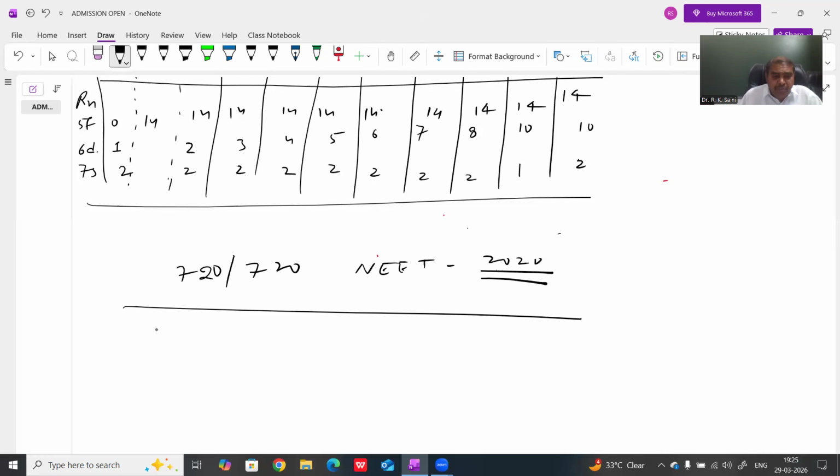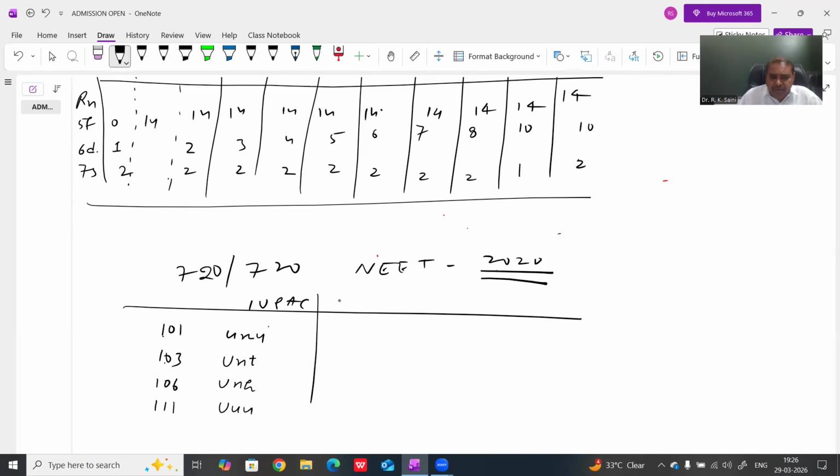IUPAC notation for atomic number 101, 103, 106 and 111. We know that for 101 the IUPAC notation is unnilunium. For 103, unniltrium. For 106, unnilhexium. For 111, unununium.